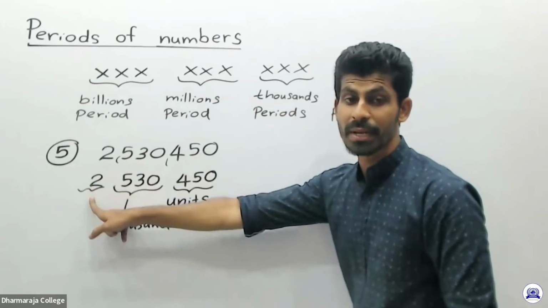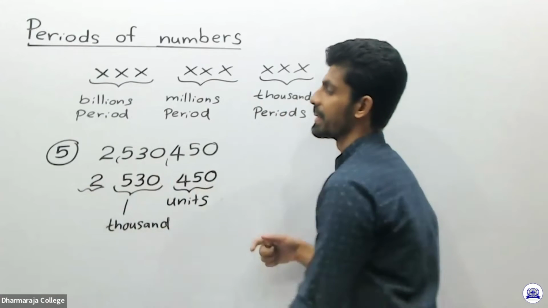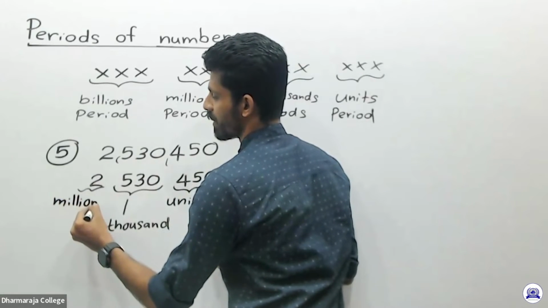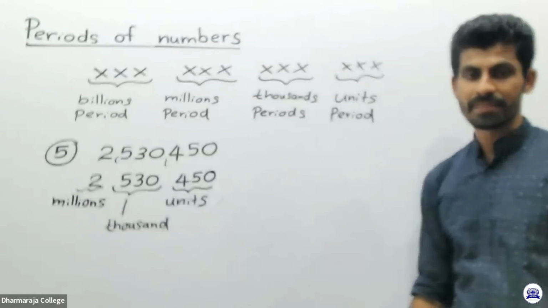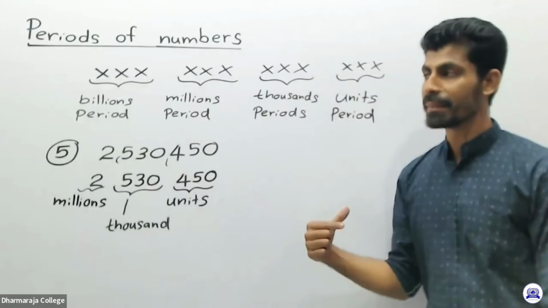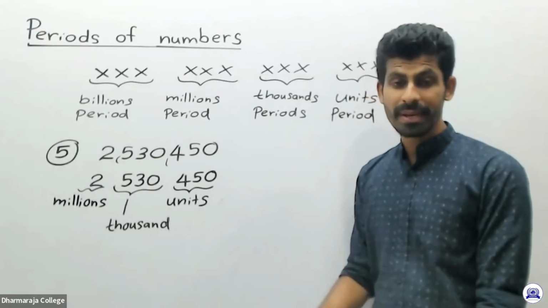What is the period of that one? Millions period. Let's try to read this one.